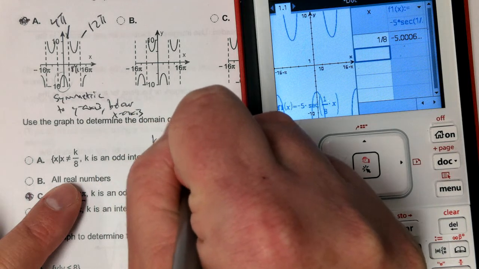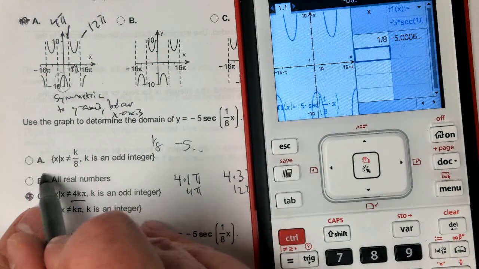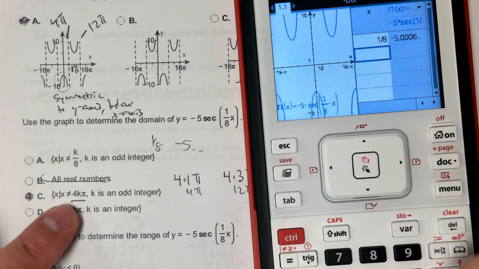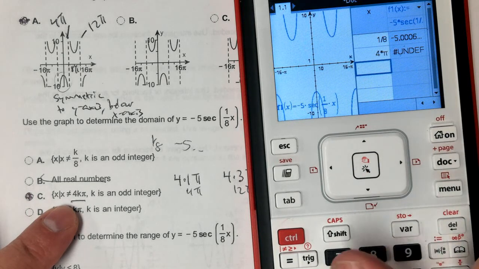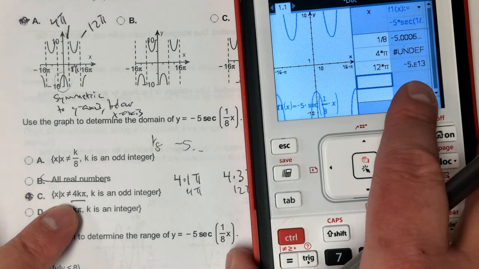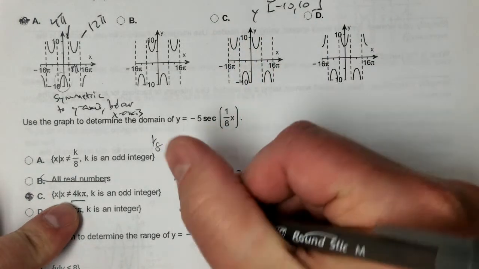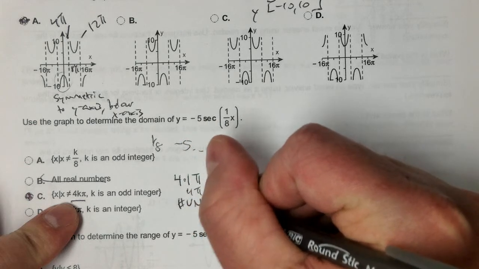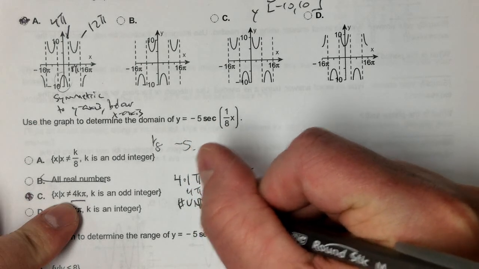It's negative 5 something. It's not all real numbers. And then when I do 4 pi, it's hashtag undefined. And 12 pi should be the same thing, but remember to interpret. Undefined.